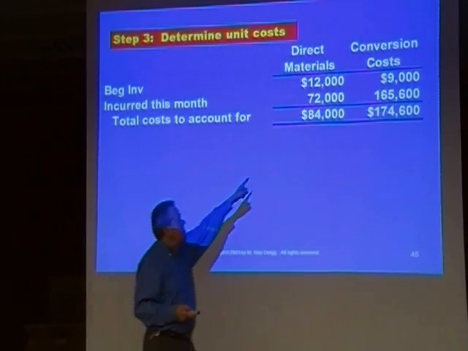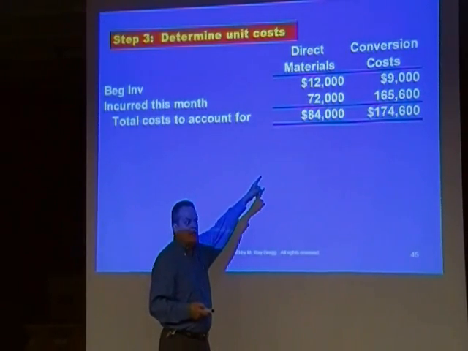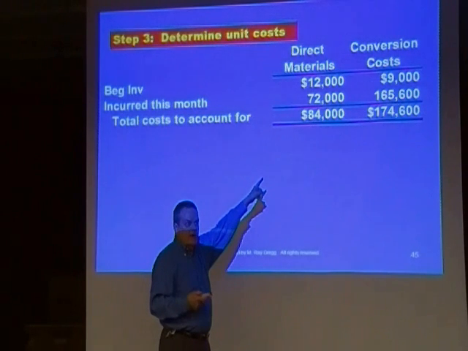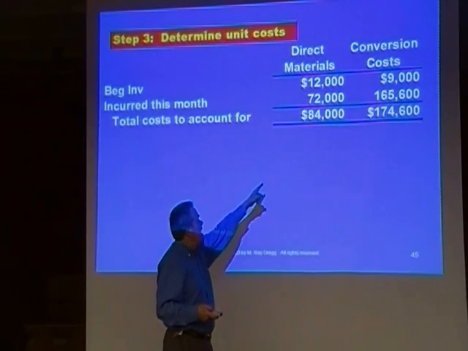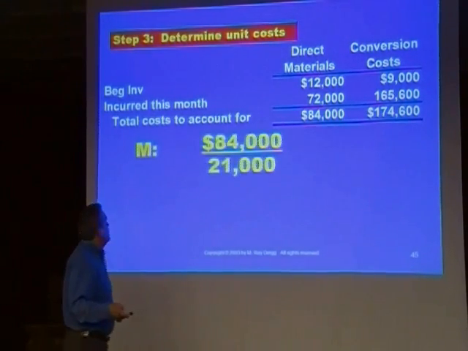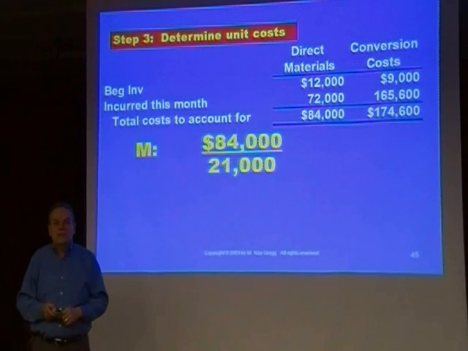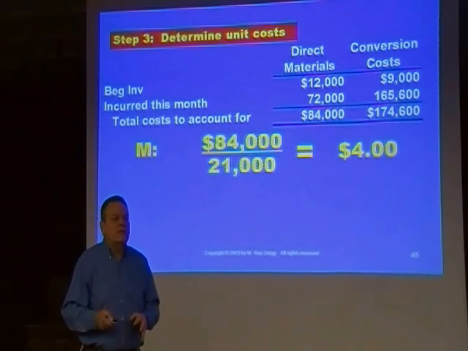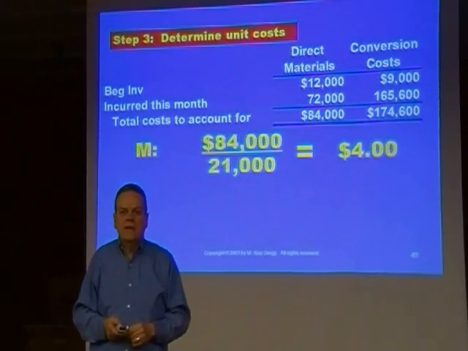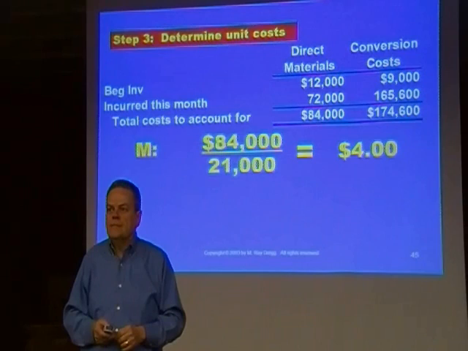Let's divide the materials cost by the materials units. Did you hear how much sense that made? Let's divide the materials cost by the materials units. 84,000 divided by 21,000 is, Daniel? $4 we spent per unit on materials this month. If you're with me right this minute, say yes.